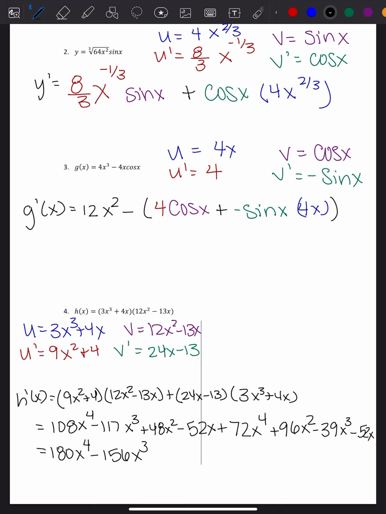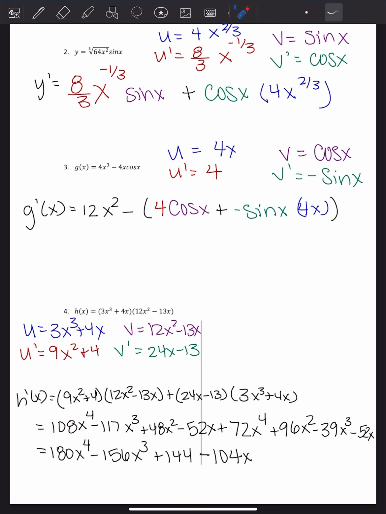We have 48 plus 96 x squareds. And we have minus 52 and another 52, so 104x. Okay, so this is what we would get when I do product rule. I don't really have to multiply it out, but this is what we would get if we multiplied everything out and simplified.